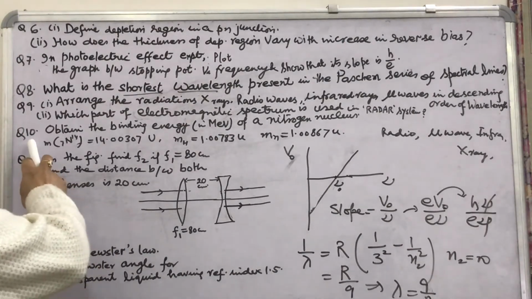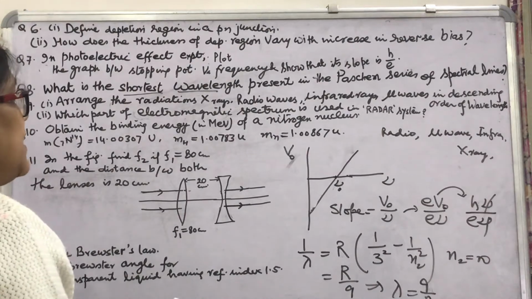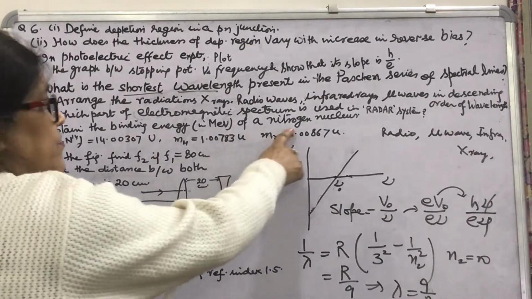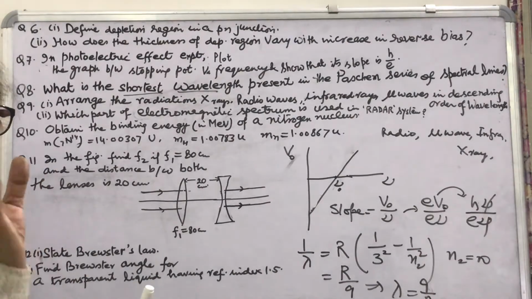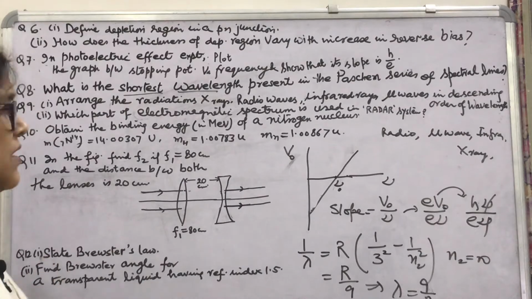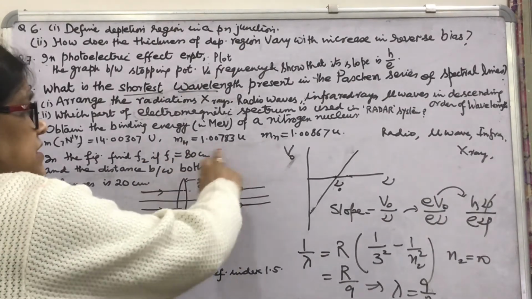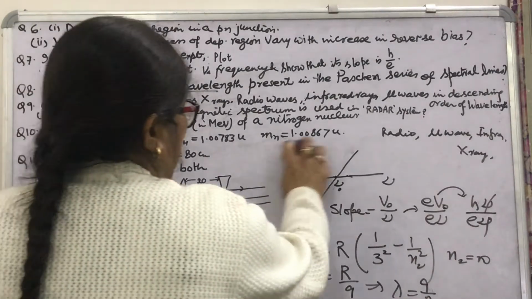See the next question, question 10. Obtain the binding energy in MeV of a nitrogen nucleus. This is the question. If you know the formula for binding energy, then with simple calculations you have to find the answer. How will you find? Look here.